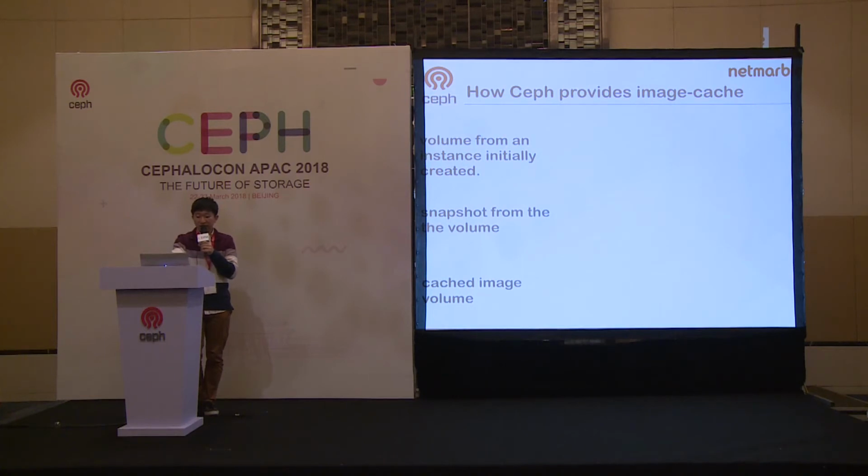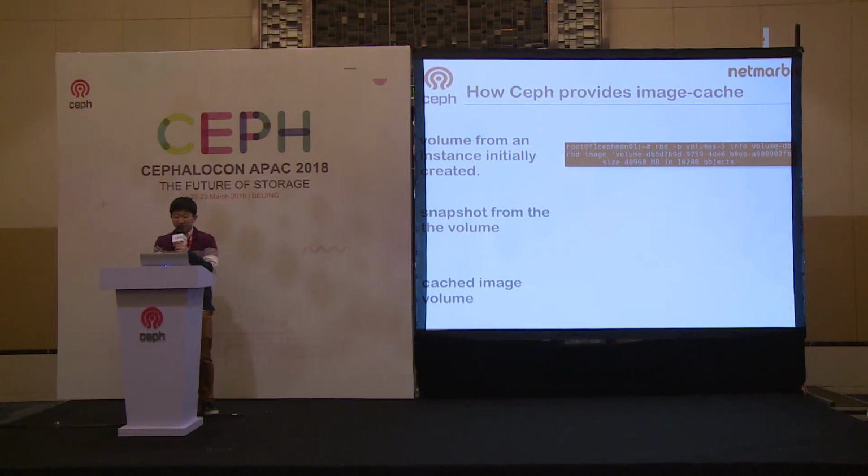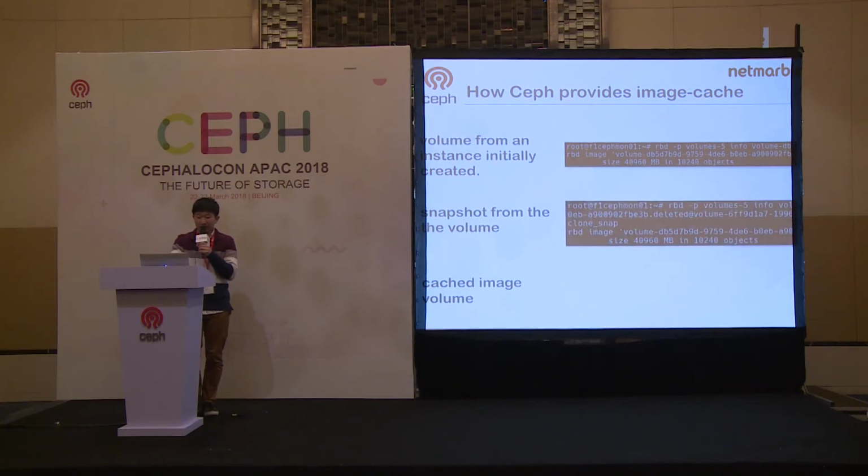Let's see how Ceph provides the image cached volume feature. Actually, there's no specific feature for achieving image cached volume in Ceph storage. Here's the volume from an instance initially created. It is flattened after cloning from the base OS image. Then a protected snapshot is created subsequently.